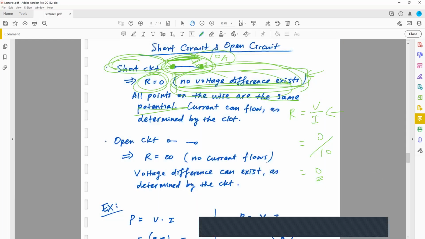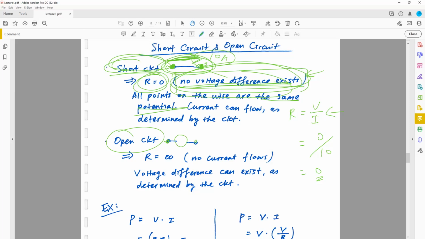Okay. The dual of these short circuits is the so-called open circuits. Open circuit means you have to break this wire open somewhere. So over here, still two terminals, two dots, but in between, I have this open. In this case, the opposite is going to happen.